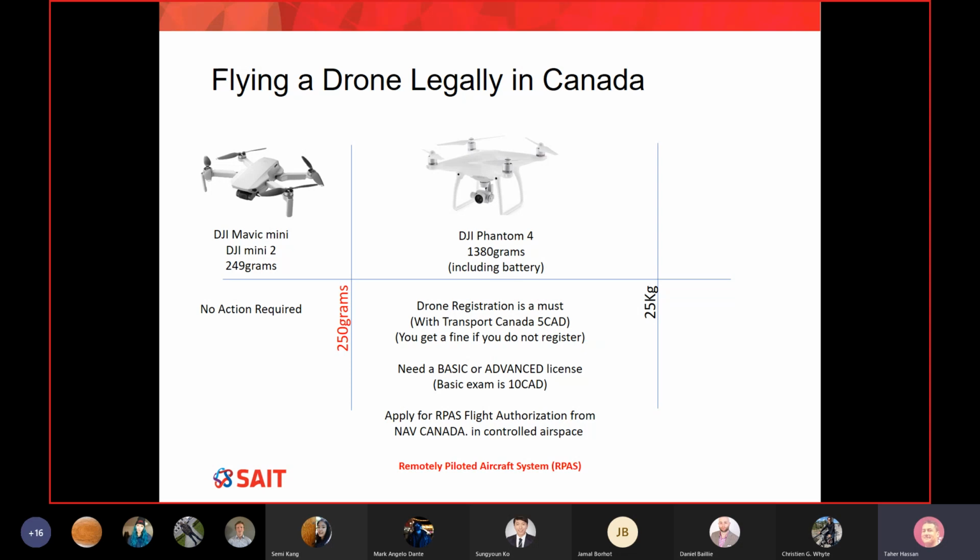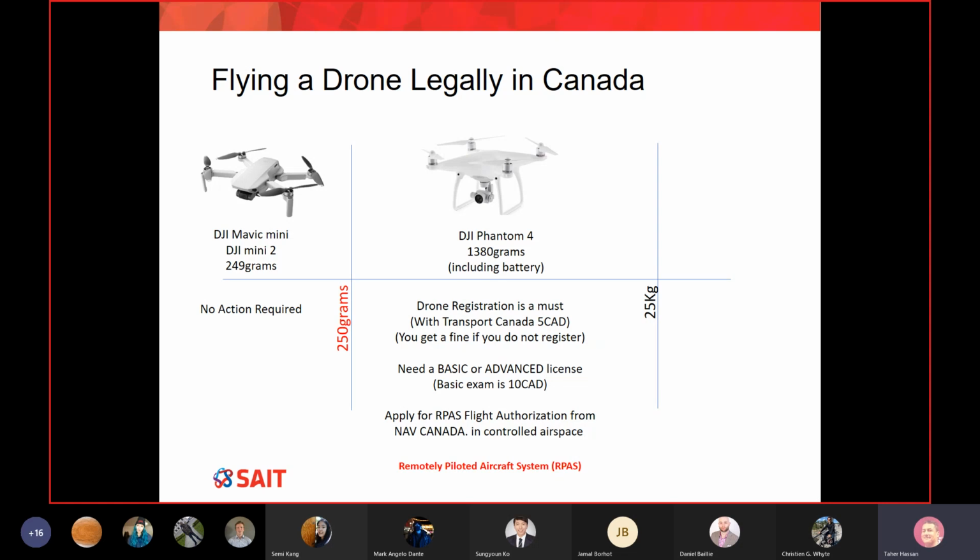Transport Canada, and remember this name. Transport Canada is the authority in Canada that puts all the rules and regulations for drones. So they simply said anything below 250 grams, this is the magic number. Anything below 250 grams is very small, it's tiny.